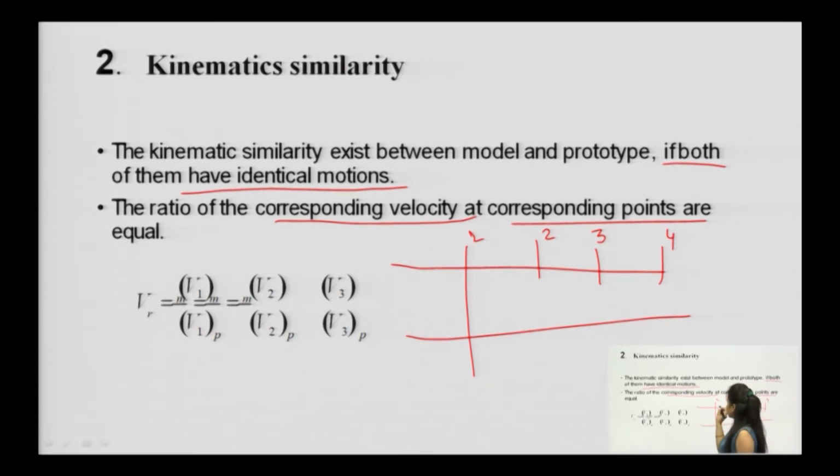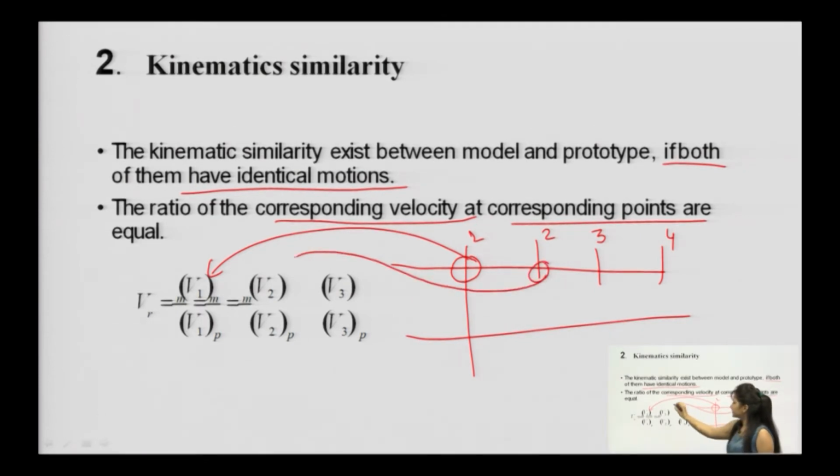So, at point 1 you can see the velocity of the model by the velocity of the prototype will be equal. Coming to point 2, the velocity of the model to the velocity of the prototype will be equal, they are in the ratio, and at point 3 the velocity of the model will be equivalent to the velocity of the prototype.